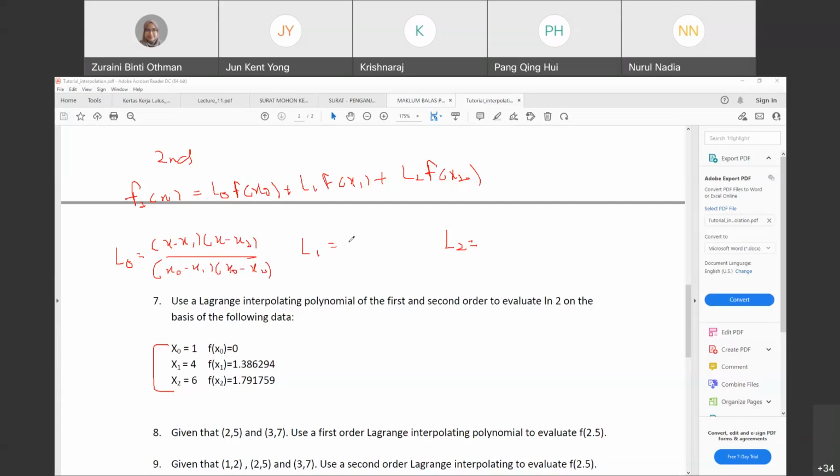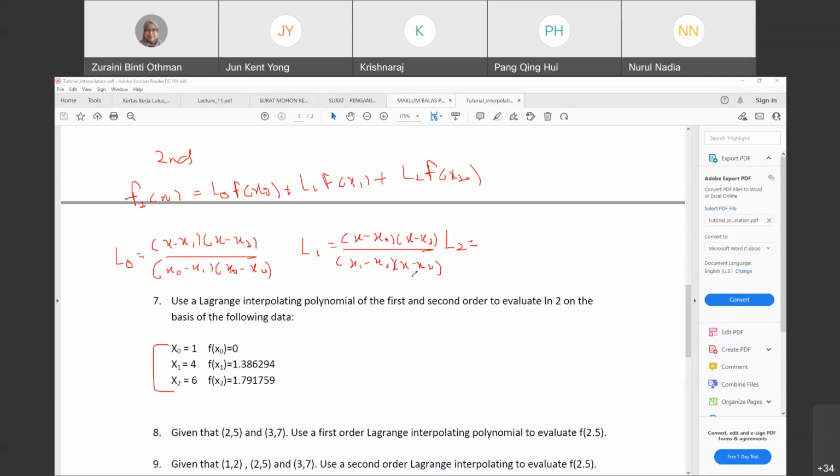Then find your L1 also, similar, which is X tolak X0, X tolak X2. And for yang bawah ni ialah salin je balik, but yang tolak tu ialah X1. Okay, X tolak X2. Okay, kat sini ialah X1.